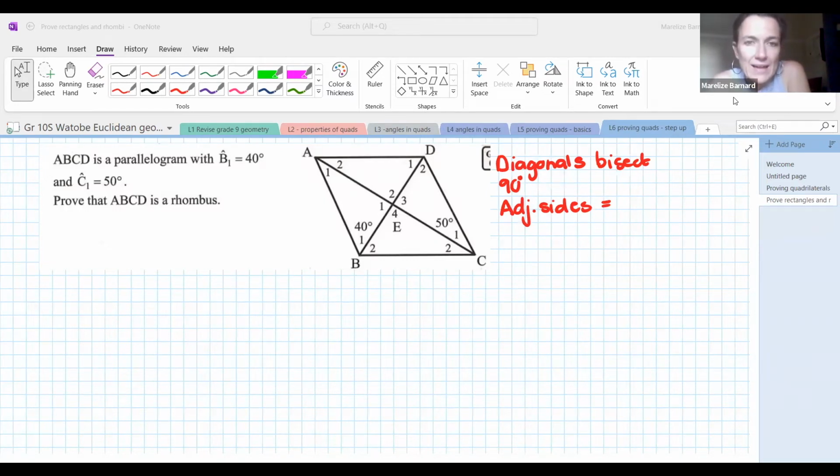I want to hear what the plan is. Sandile seems to have a plan. Come, let's hear from some other people as well. What do you think? How are we going to do this? Gabriel says prove congruency. Okay, how are you going to prove the congruency, Gabriel? How are you going to go about it?